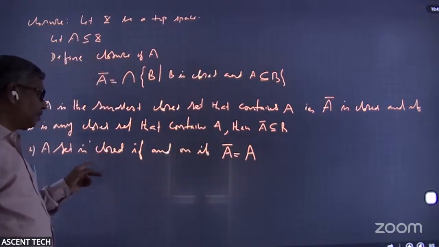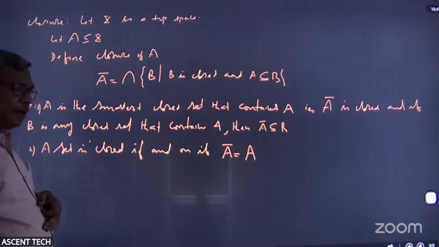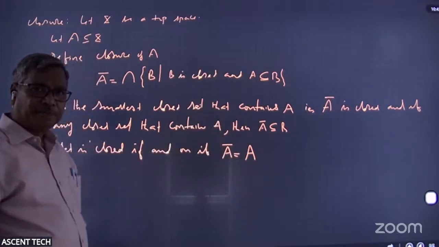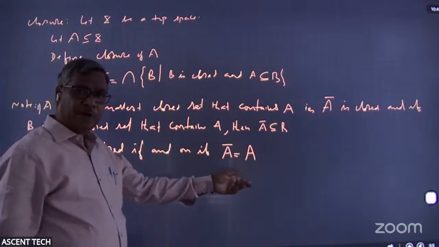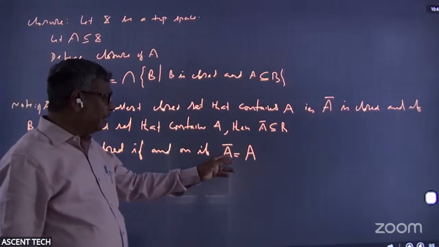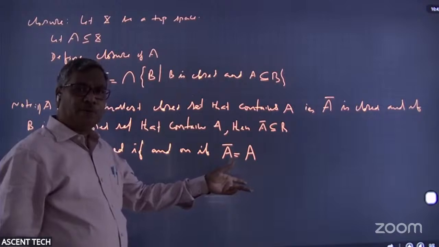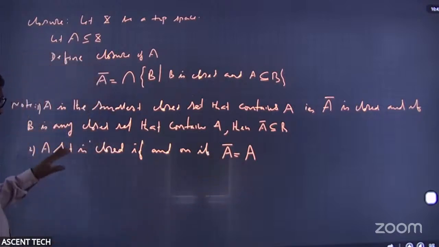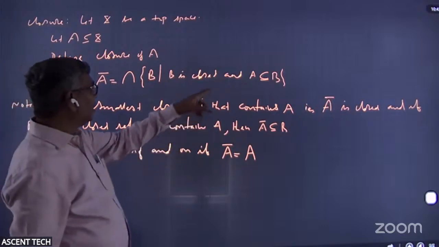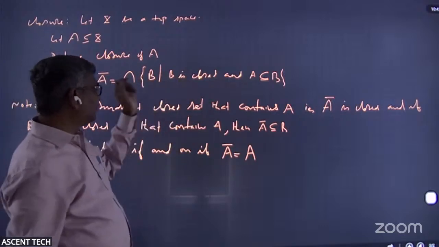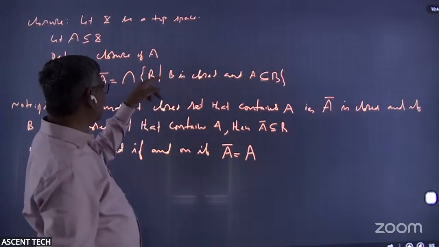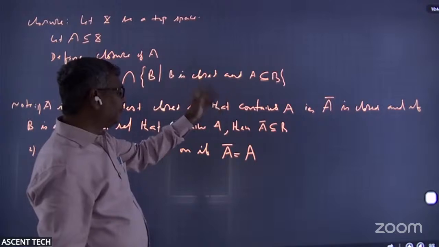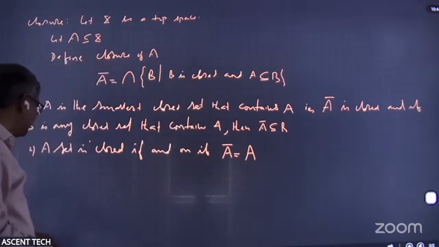Conversely, if A is closed, then A bar is contained in A because of the argument I just gave. But A is contained in A bar too. So A bar equals A. By the very definition, if A is closed and contains A, therefore A bar is contained in A. But A is contained in A bar, so together A bar equals A. So this is an obvious result.